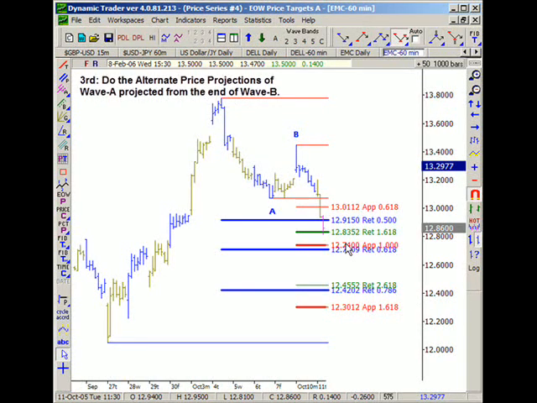What we look for is an area or relatively narrow zone which has one projection from each of the sets. The two primary sets we're interested in are the internal retracements and the alternate price projections. The external retracements are important, but we usually focus in around that 100% alternate price projection and one of the retracements, and then we see if one of the external retracements falls near there.